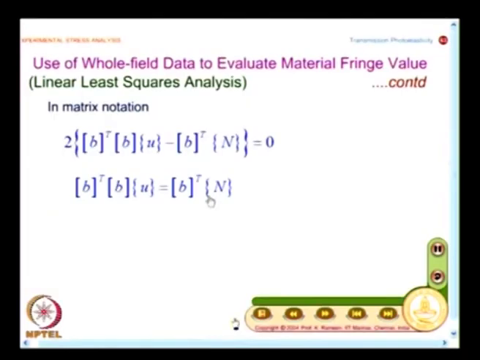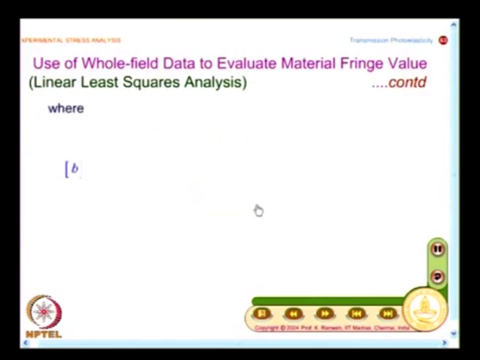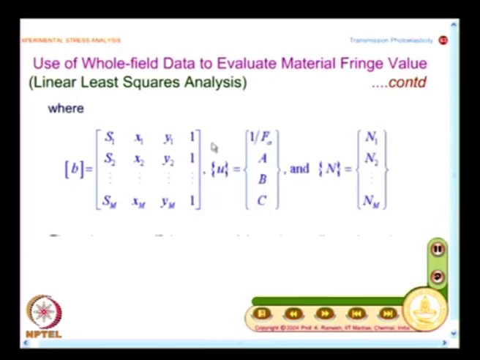The computer time is hardly anything, and because it is a linear equation, you do not need any iteration, just one solution gives you the final answer. But recognizing the 4 equations in this matrix form is a bit involved, not difficult, but I want you to verify this. And these matrices B, N, etc. are very simple like this.